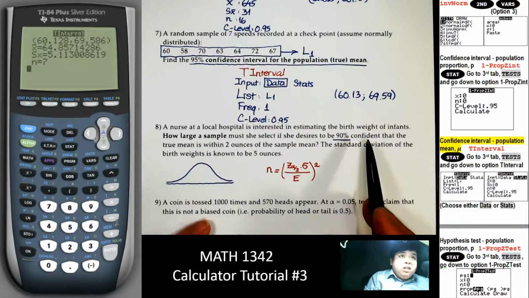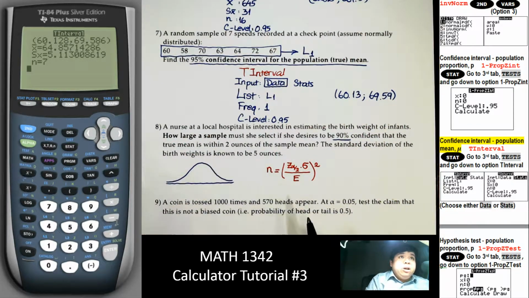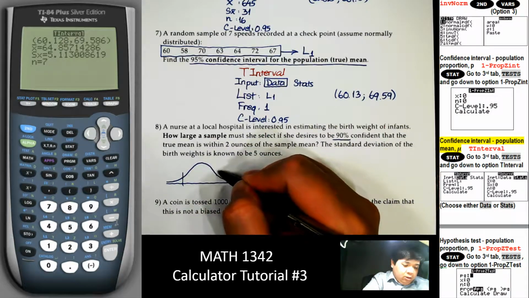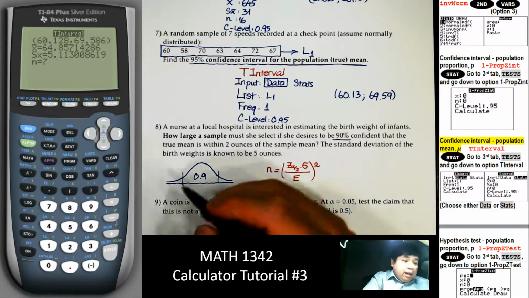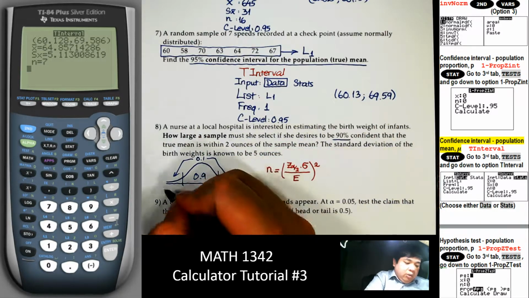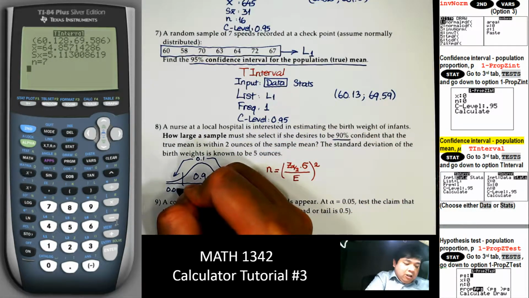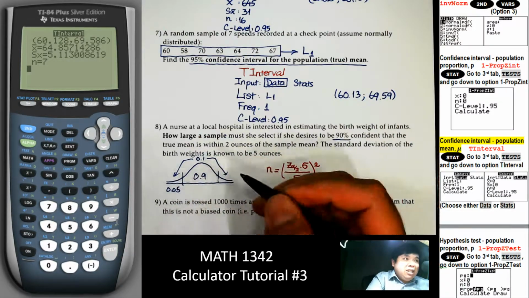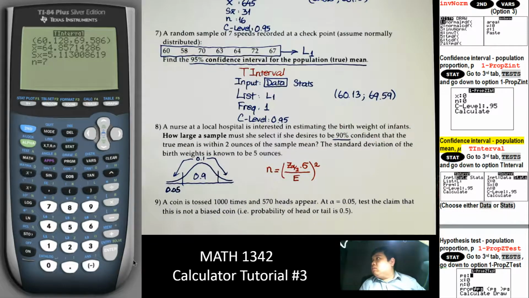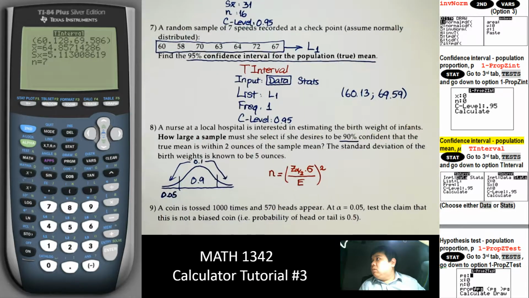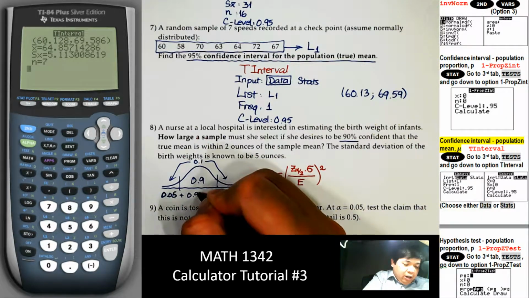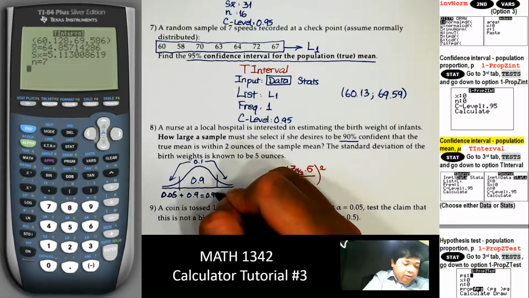So 90% confident, meaning 90% will be right in the middle. That means 0.1 on the outside, on both tails, meaning half of that, 0.05, and 0.05 plus 0.9, so 0.95.